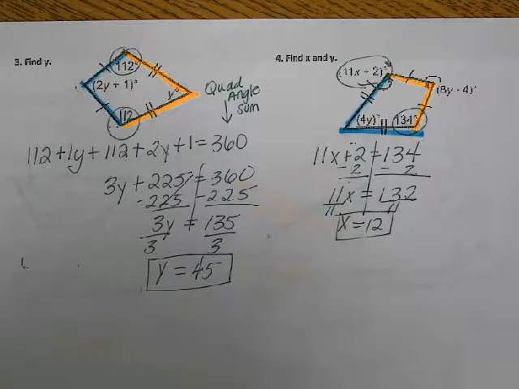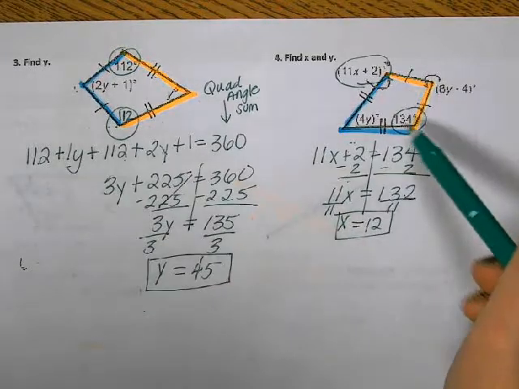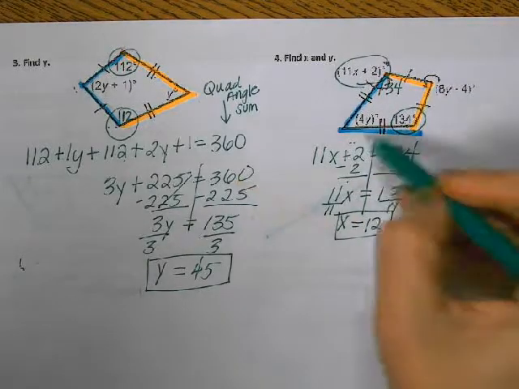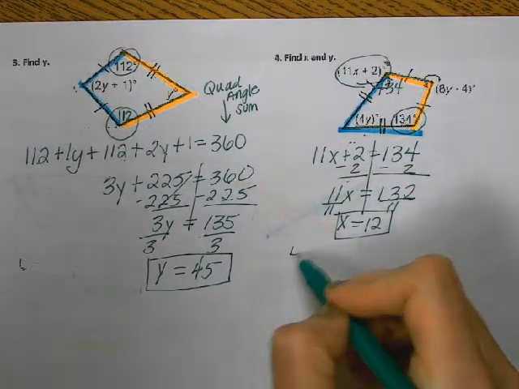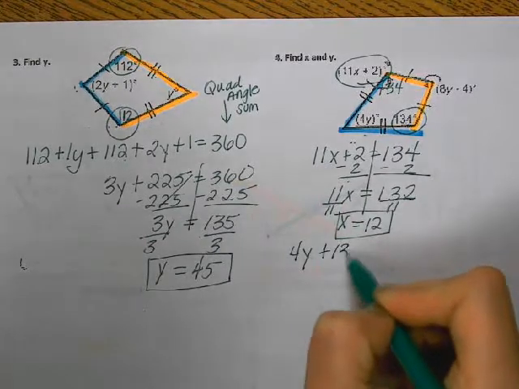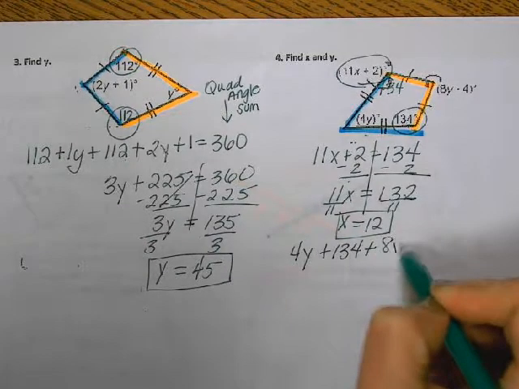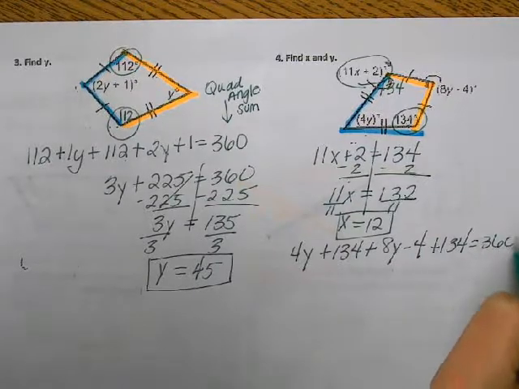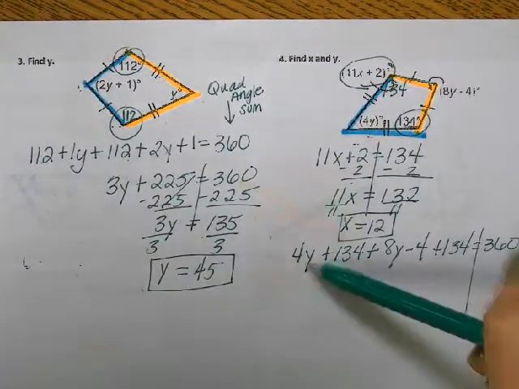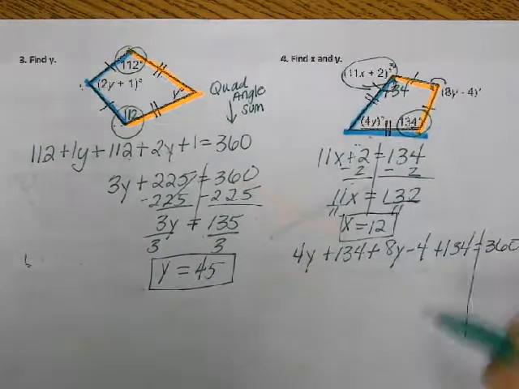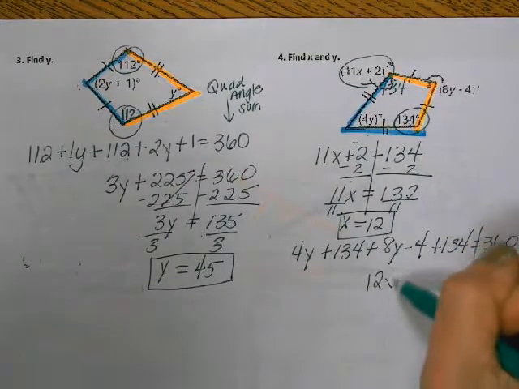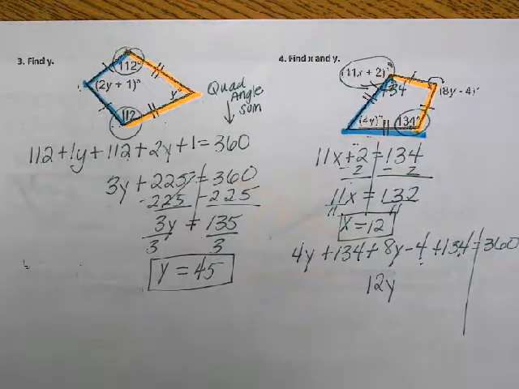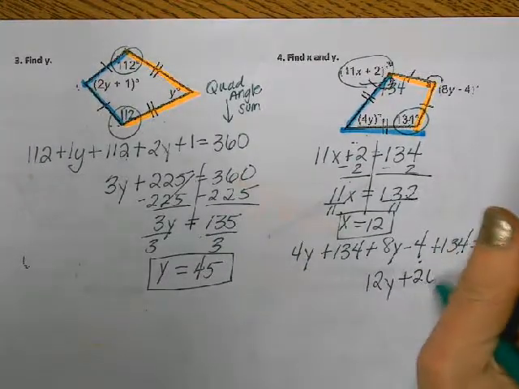Now I need to find y. So to find y, I know this is 134. I also know this is 134. And then I just add all four together. 4y plus 134 plus 8y minus 4 plus 134 equals 360. 4y plus 8y is 12y. 134 minus 4 plus 134 is 264.